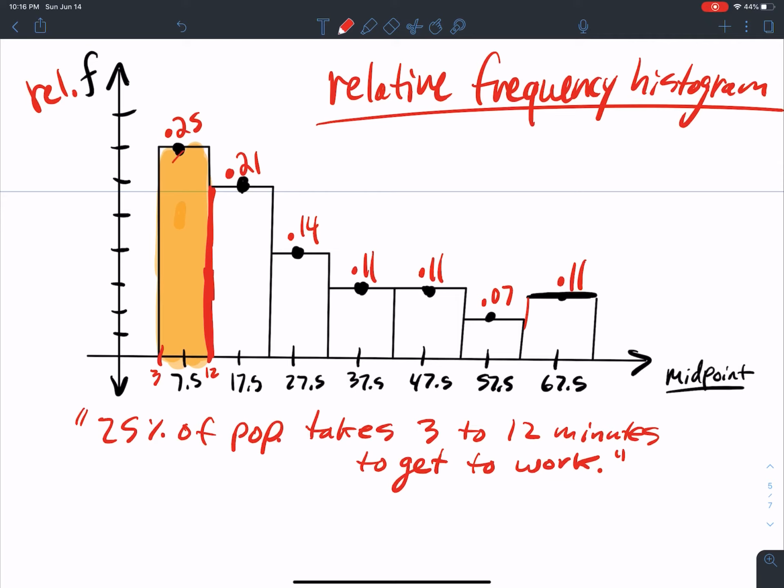So that would be a way to interpret that first class there. Okay, that 0.25, that relative frequency. Remember, if you add up all of the relative frequencies, you should add up to 1, which is equal to 100%. Okay?